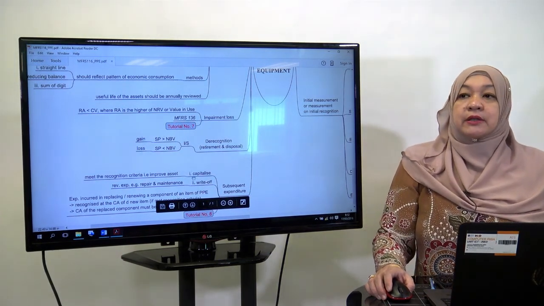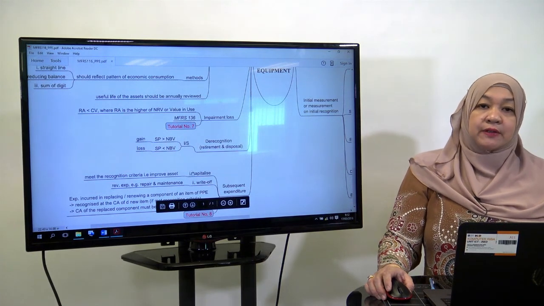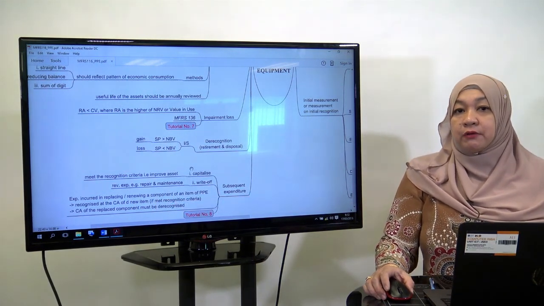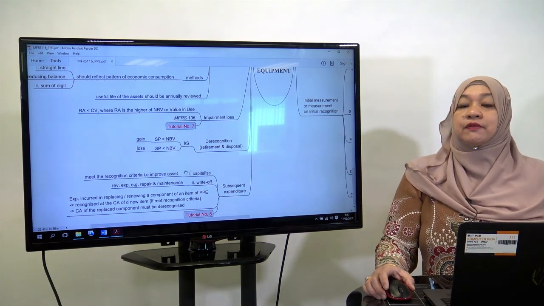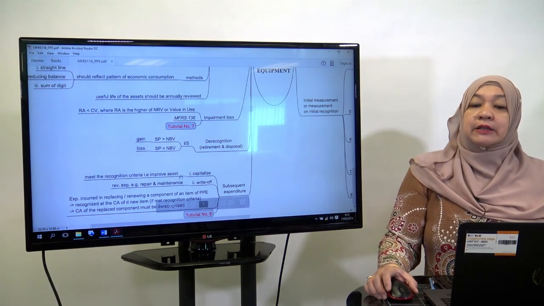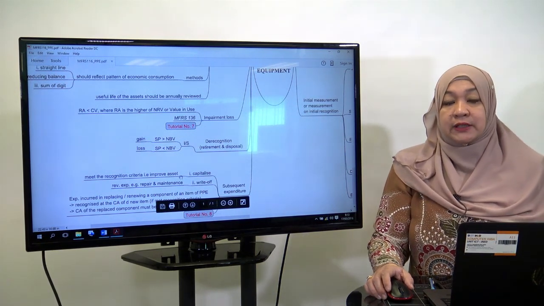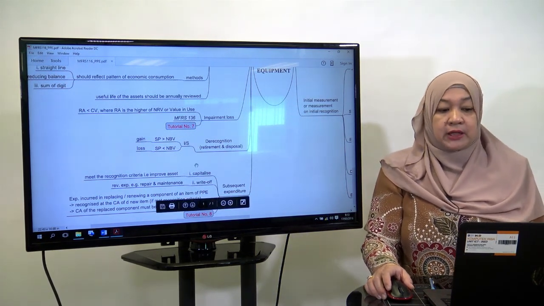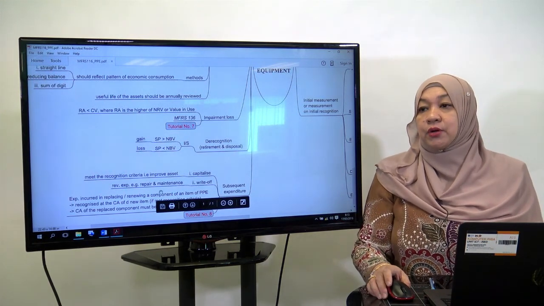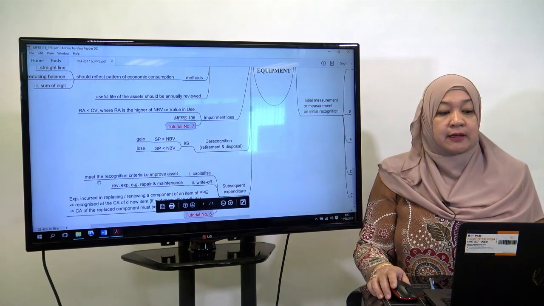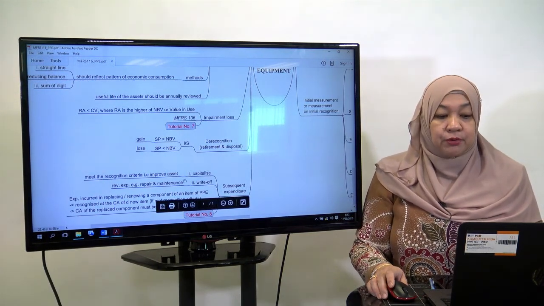Let's take for example, when you have that motor vehicle, you decided to install sport rims on it. Incurring that sport rims actually increases the value of the motor vehicle. So if it increases the value, it actually meets the recognition criteria, right? Because we improve the asset.